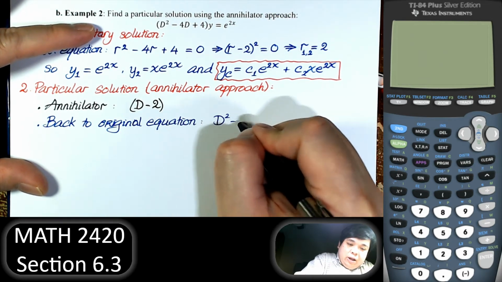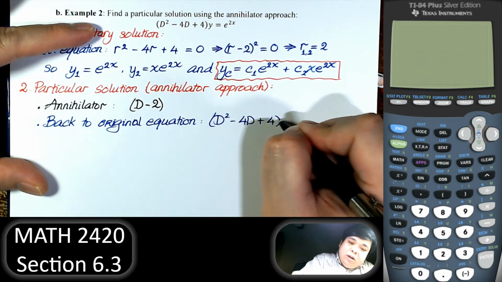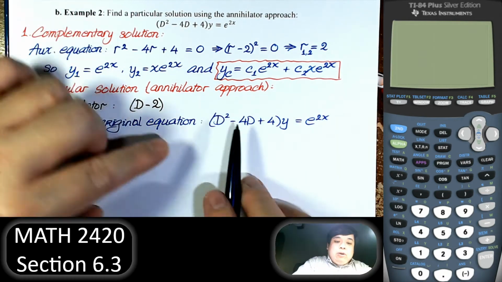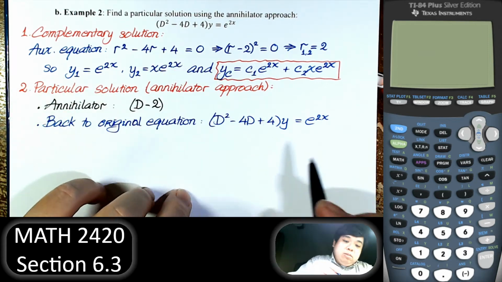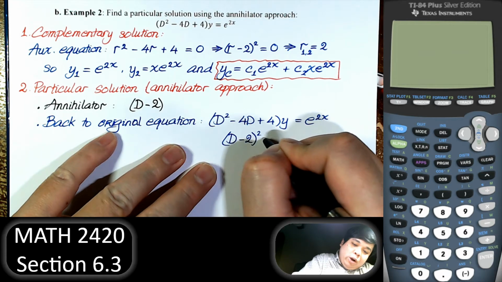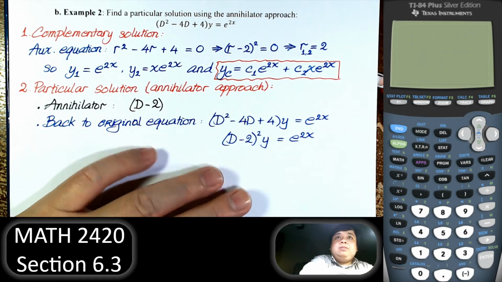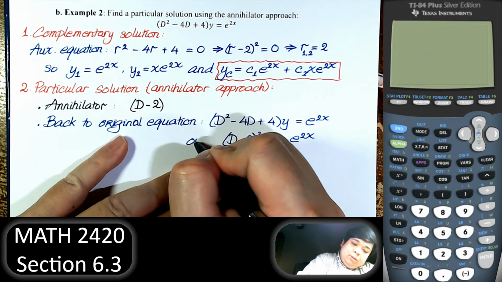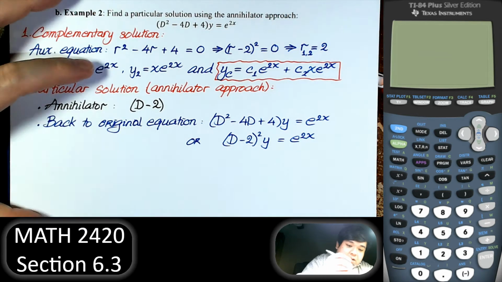D squared minus 4D plus 4 times y equal to e to the 2x. Now D squared minus 4D plus 4, if we factor, will be (D minus 2) squared y equals e to the 2x. Right. Now we apply the annihilator on both sides.